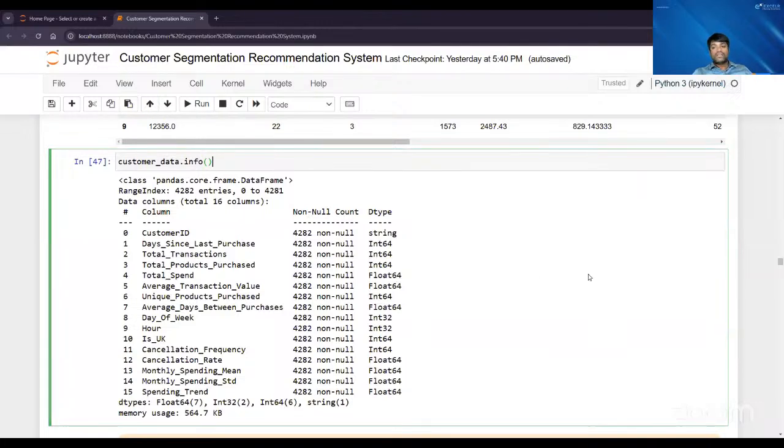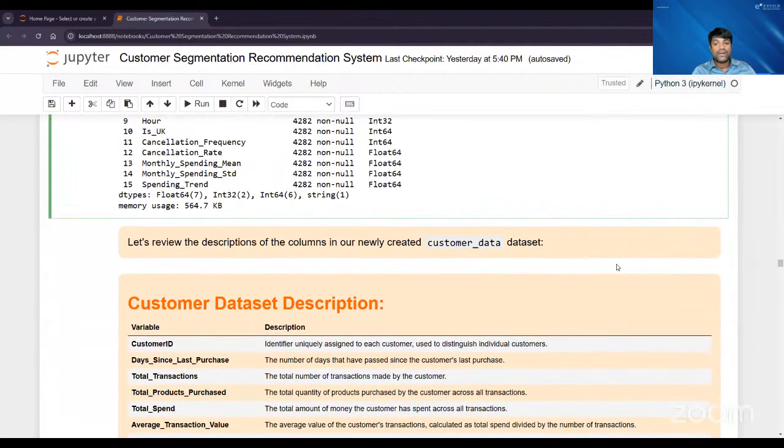We try to understand the behavior of the customer by creating additional columns, in a variable called customer_data, with these features or attributes to understand the customer's behavior.